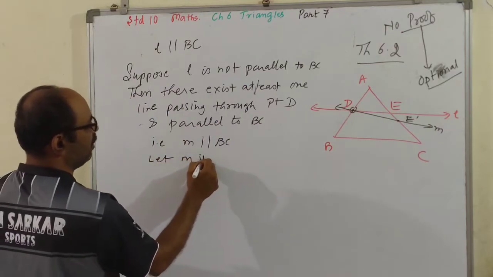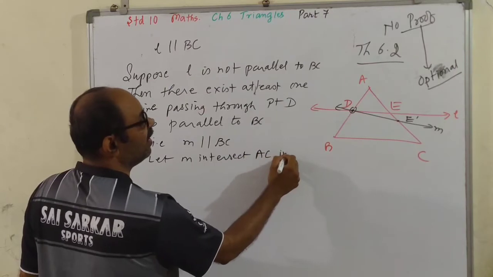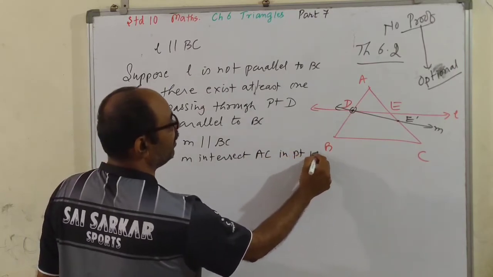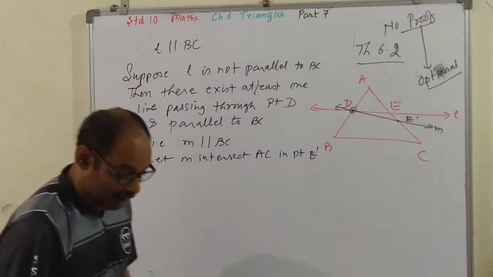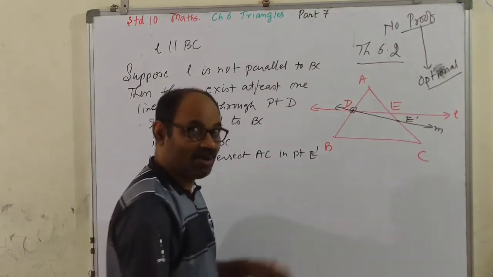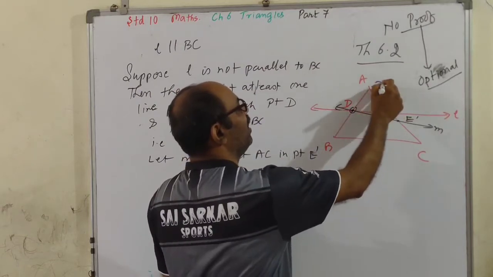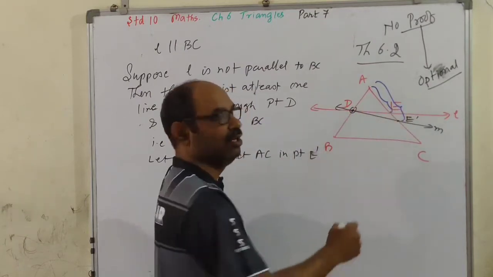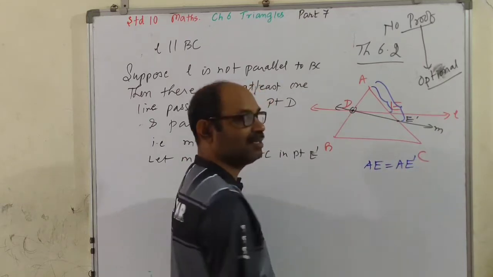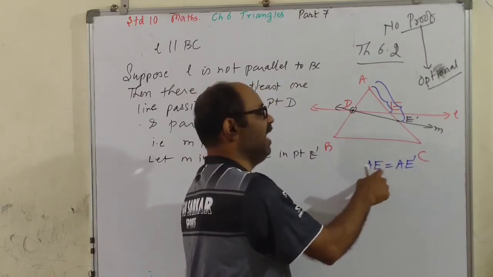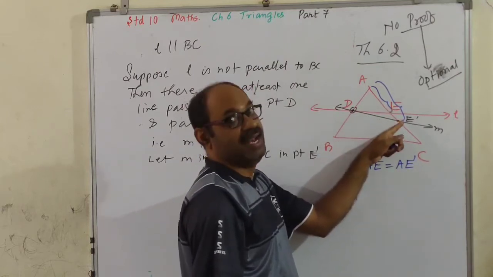Let M intersect AC in point E dash. Alright. Now my aim, because you have already seen, is to show AE equal to AE dash. This is what I am aiming at. AE equal to AE dash. That means E and E dash coincide. I have explained this yesterday.